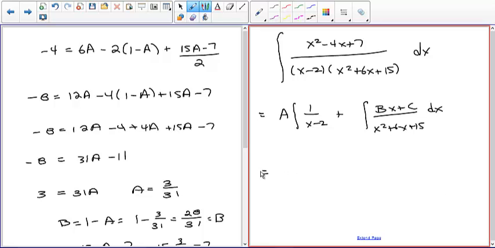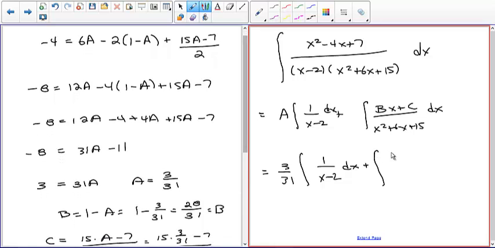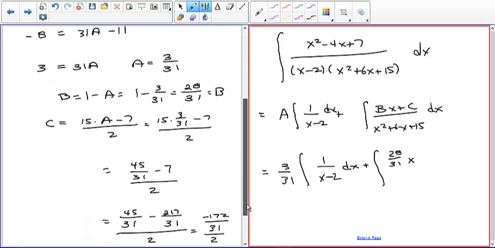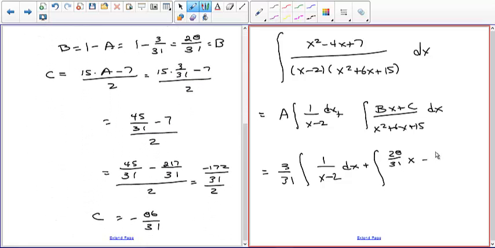So let's go ahead and put them in there. So we have 3 over 31 times the integral of 1 over x minus 2 dx, forgot the dx here, plus the integral of b was 28 over 31 x, and c was negative 86 over 31, all divided by x squared plus 6x plus 15 dx.